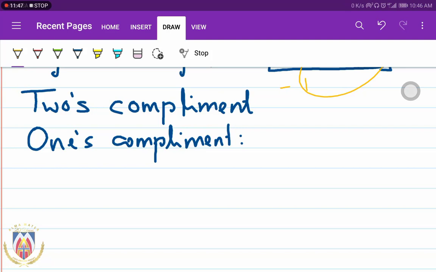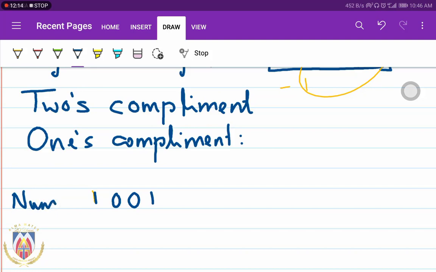All right. 1's complement, according to the definition in my book, is the binary number obtained by subtracting each digit in the binary number from 1. In other words, if we have 1, 0, 0, 1, this is the number, let me call it num.